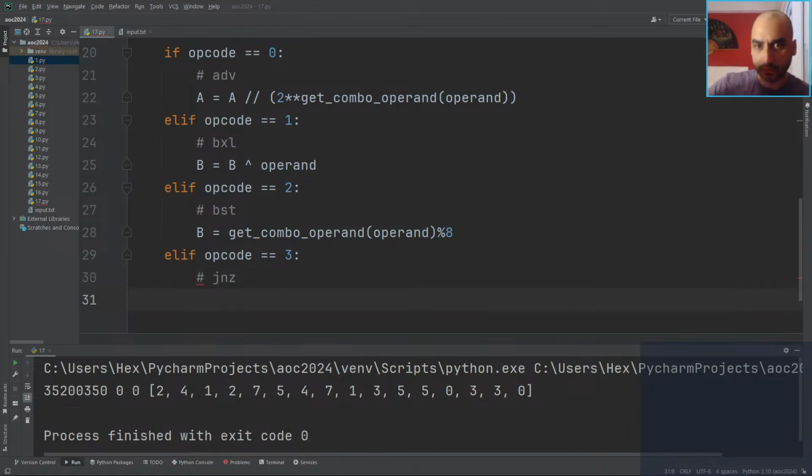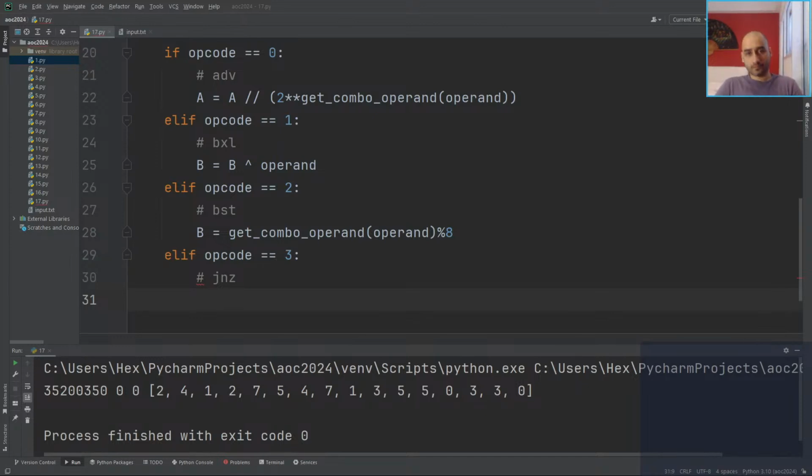If it's not 0, it jumps by setting the instruction pointer to the value of its literal operand. And we don't increase the instruction pointer by 2.